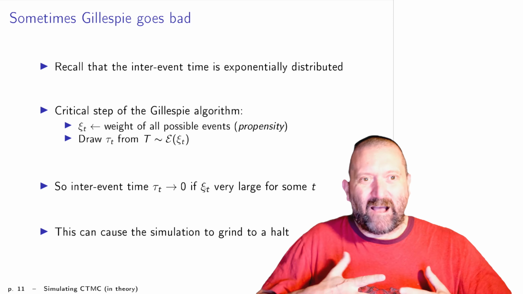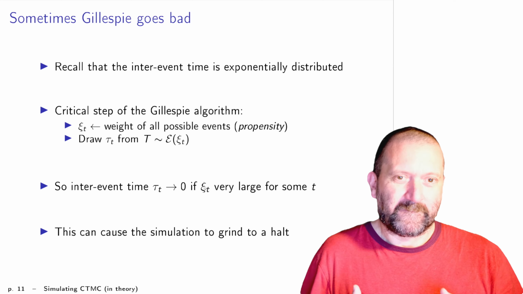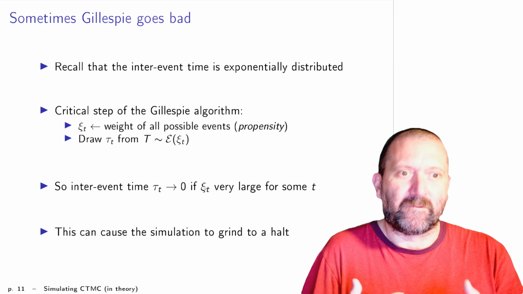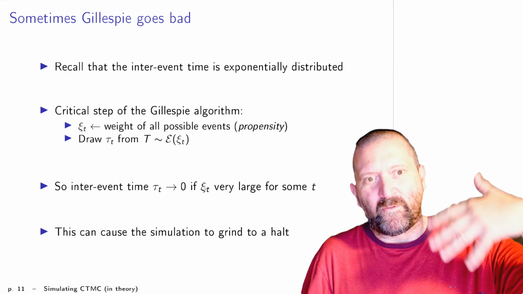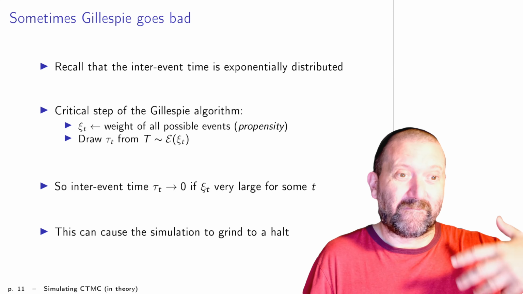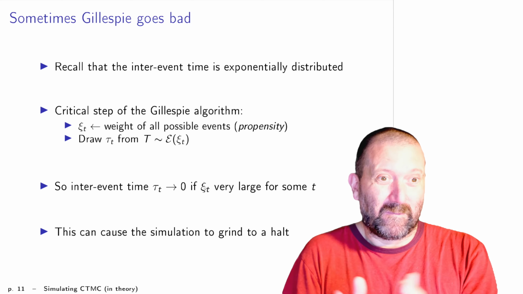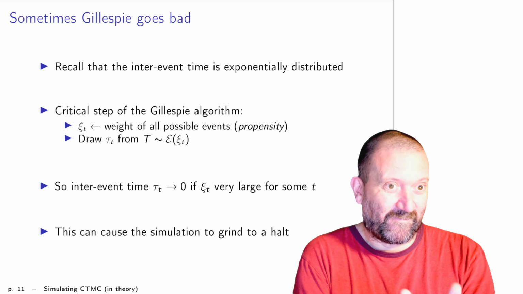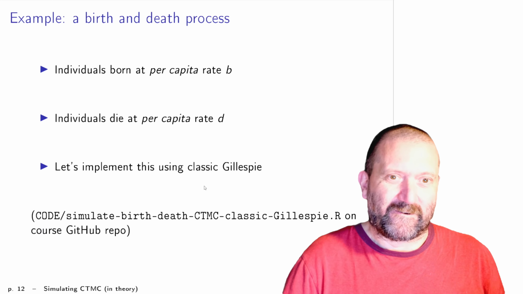As your population increases in your model, for example, that can be very much a problem, because as the weight of your events becomes large, the average time between events becomes very small, and the simulations just stop, essentially.